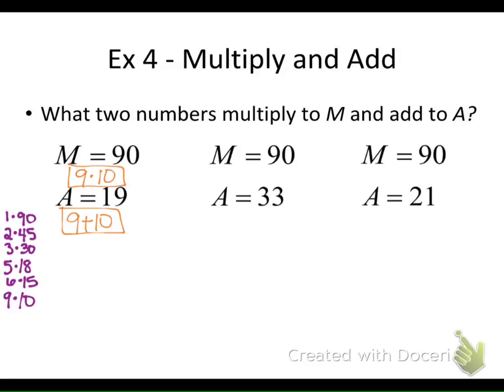Two that are going to multiply to get 90 but add together to get 33. 30 and 3. Good. And then two that are going to multiply to get 90 but add to get 21. Very good.